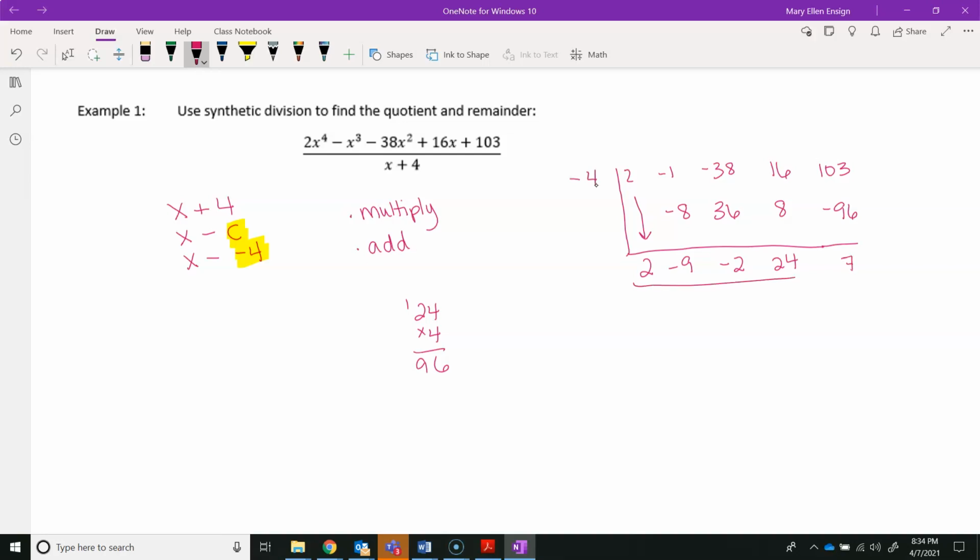So this is my quotient, and this is my remainder, right? So remember, this is going to be x to the 0, x to the first, x to the second, x to the third. So my quotient will be 2x to the third minus 9x squared minus 2x plus 24, and my remainder is going to be 7.